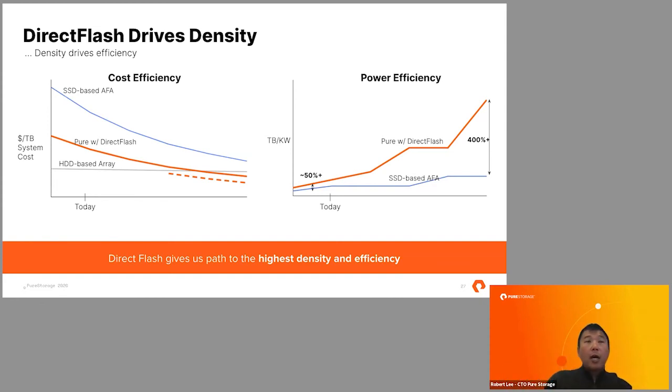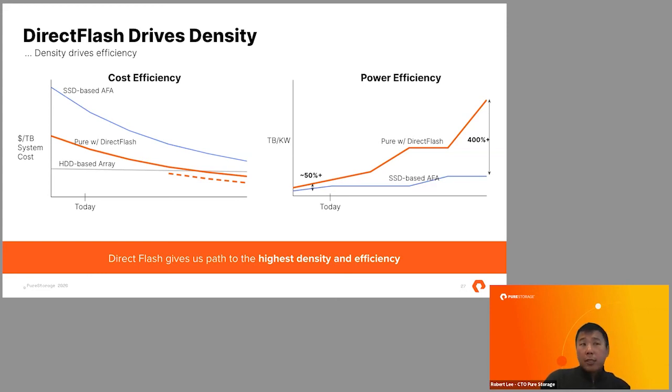And as the cost of the media declines, those non-media costs start to dominate the system. And so by driving density higher, we can shift this curve down and to the left. If you look at our efficiency projections, what you'll see is that our advantage with DirectFlash has us bringing in that total system cost cutover point quite a bit sooner than what we see across the industry.